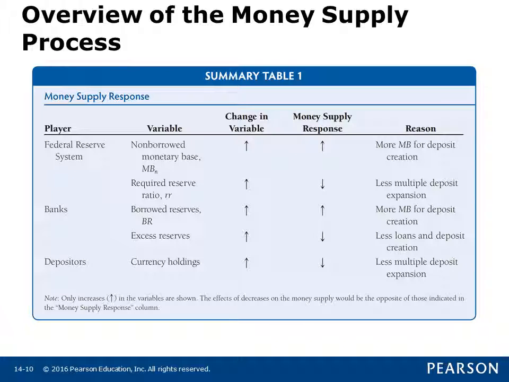This decreases the money supply because it allows for less loans and deposit creation because less money is available. And finally, depositors, which would be you and I, can decrease the money supply by holding more money in the form of currency. This allows for less deposits because we're not interacting with the bank systems. We're just holding the money in cash.